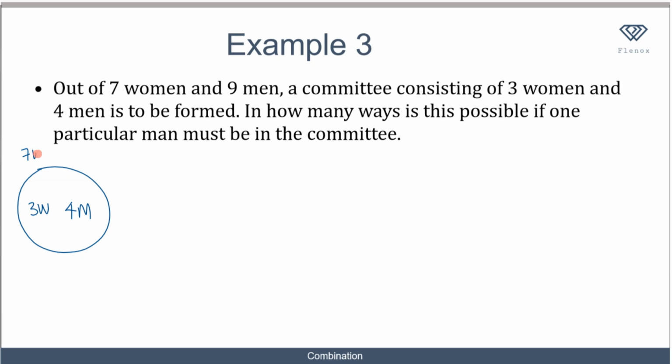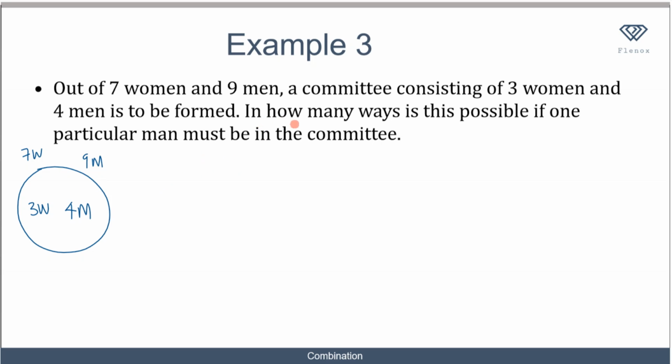We have 7 women in total and we have 9 men in total. So we are planning to select 3 women out of 7 and 4 men out of 9. And you should note that the order does not matter in this case also, because I was interested in selecting just 3 out of them. The order in which I select them is of no particular importance to me. So we are going to make use of combination.